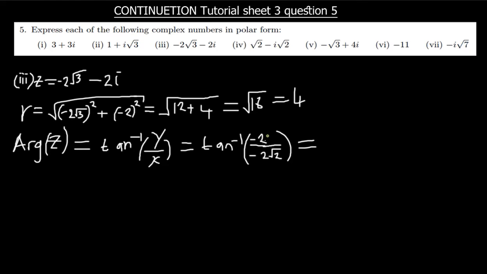As we can see here, this and that can cancel, which gives us tan inverse of 1 over root 3. Sorry, I said root 2, but it is supposed to be root 3. So tan inverse of 1 over root 3, you get your answer to be 30 degrees.